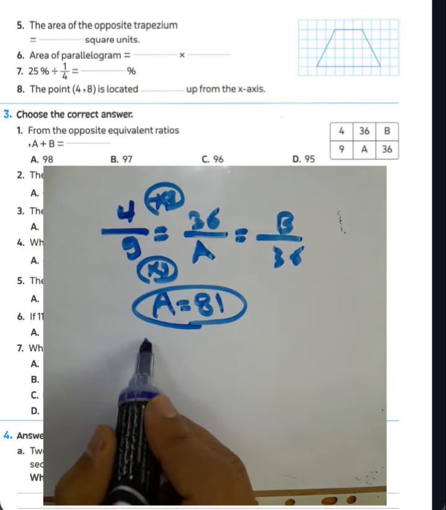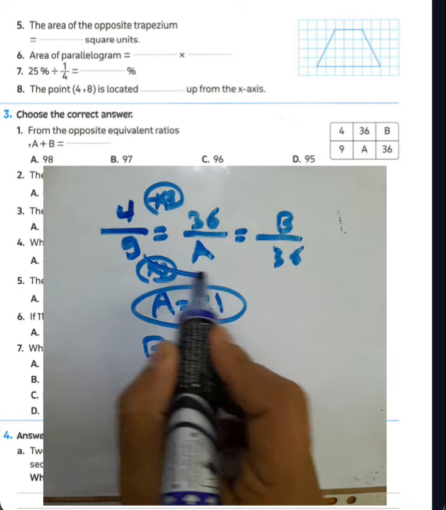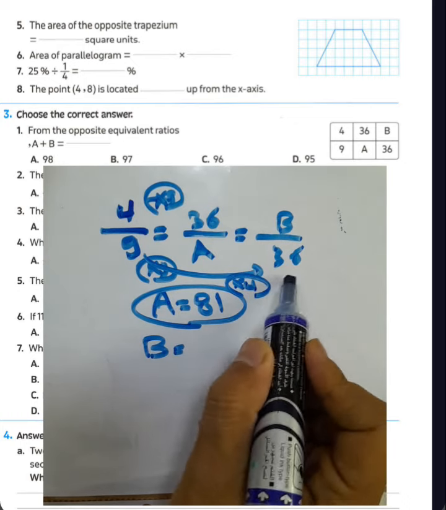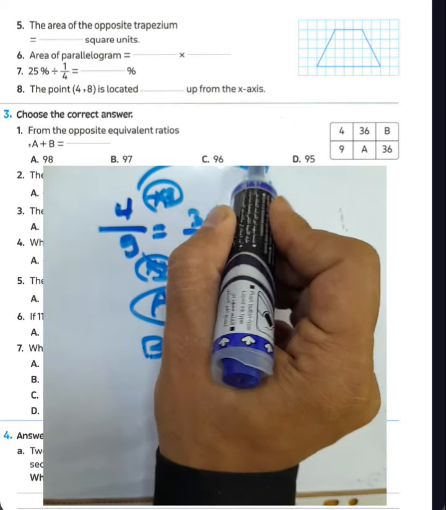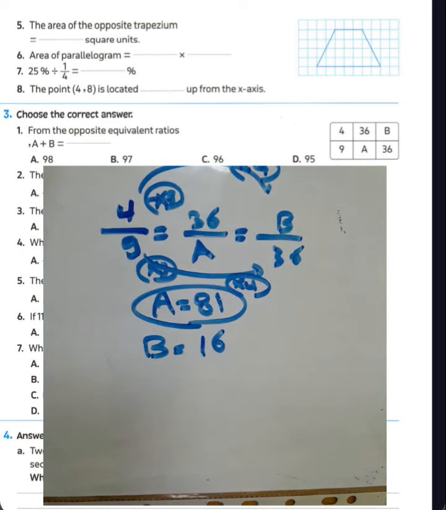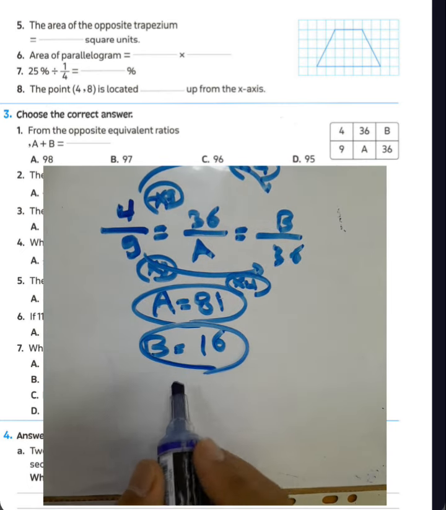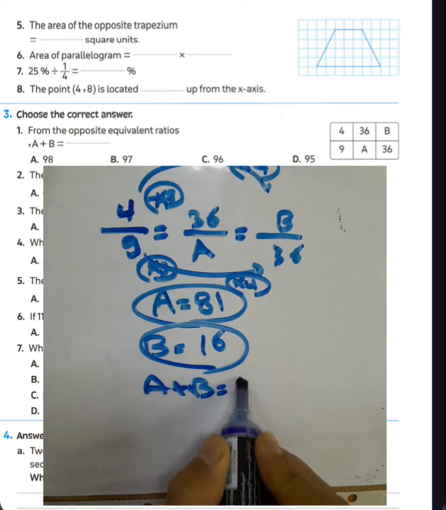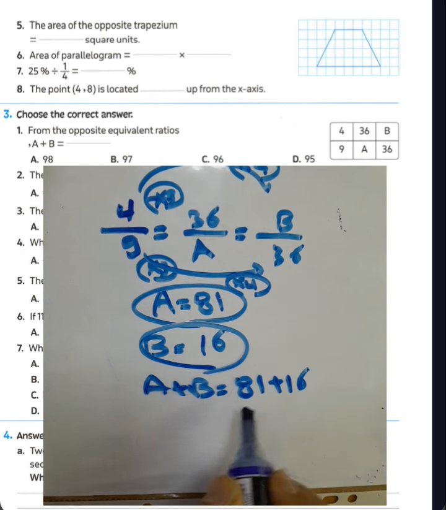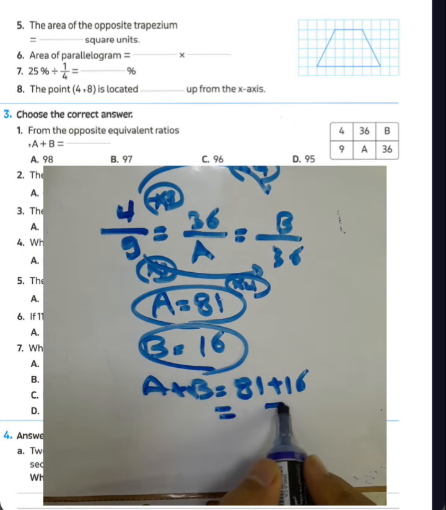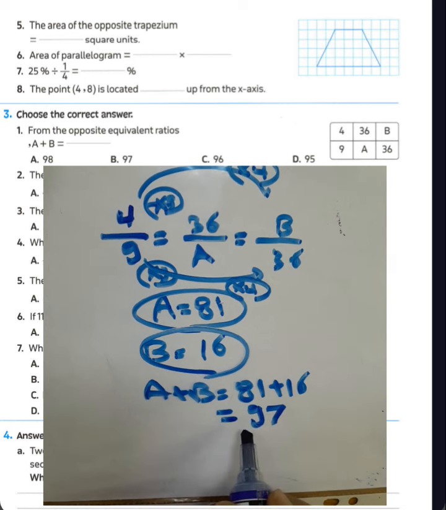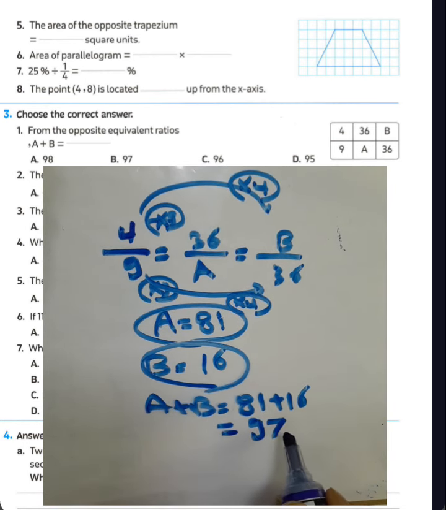To find the value of b, 9 times 4 equals 36, then 4 times 4 equals 16. Then the value of b equals 16. So a plus b: write 81 plus 16. 1 plus 6 equals 7. 8 plus 1 equals 9. The result will be 97. It's the result of a plus b.